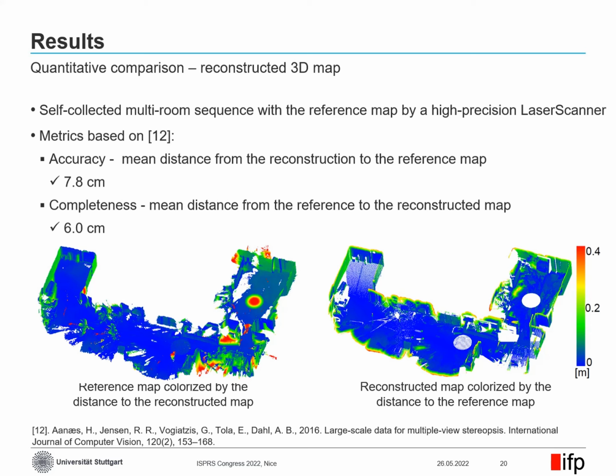On the other hand, completeness is computed by the distance from the reference to the reconstructed map, as shown in the figure on the right. In the end, we have an accuracy of 7.8 cm and a completeness of 6 cm.